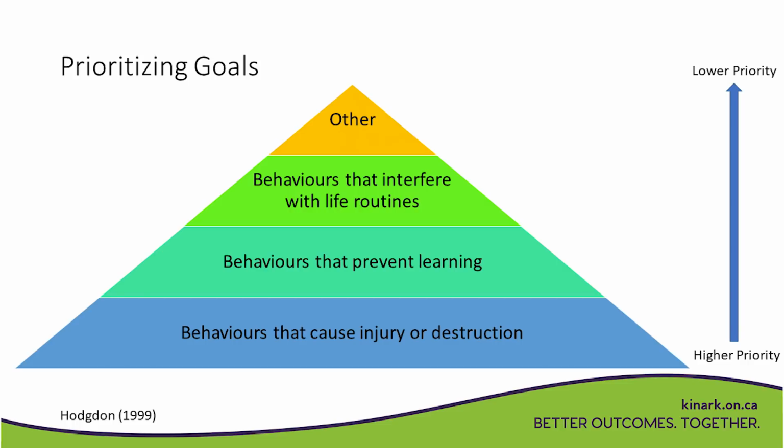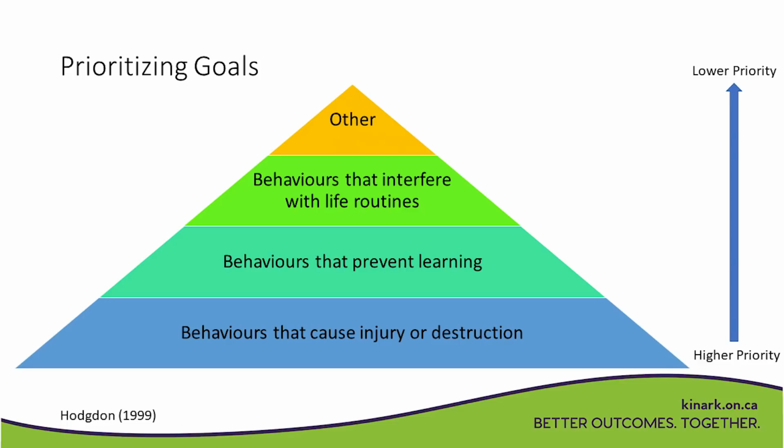Does the behavior pose any danger to the child or to others? Behaviors that cause injury or destruction, such as biting someone's arm, throwing chairs, or running into the street, must be our first priority. Then we can consider addressing behaviors that prevent learning, such as flopping on the floor at school or fixating on lights in the room.